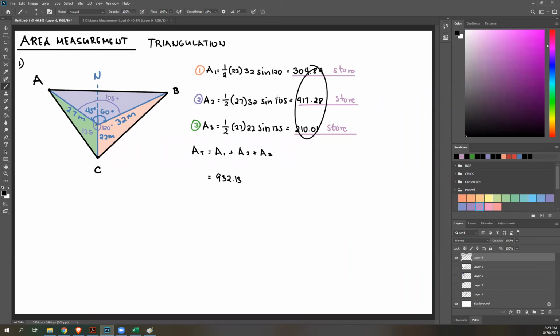Okay, use the stored values, okay? Not the rounded off values in solving for the area. And again, units are given, so this is meters squared. Okay. That's it. Any questions for number 1, triangulation? Please answer in the chat.